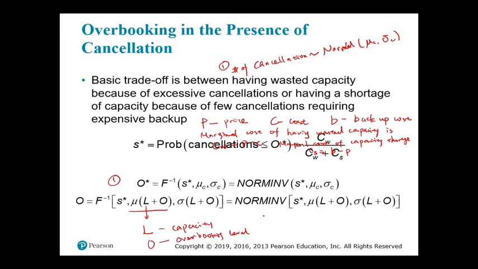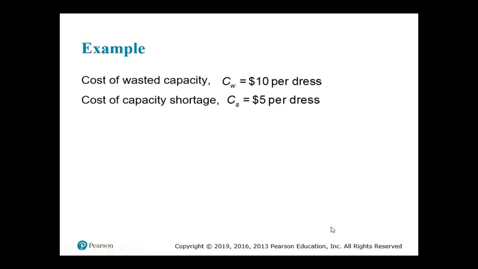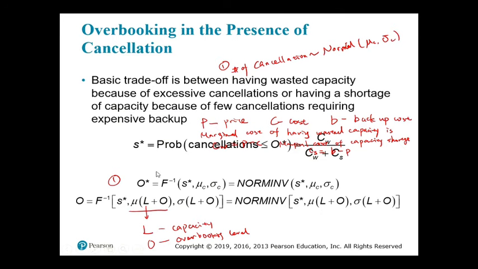So L plus O is the total booking level. And so this function is actually difficult to solve because it has O on both sides, and it's an implicit function which, unless we have a very simplistic form of the F inverse function, would require trial and error to solve.